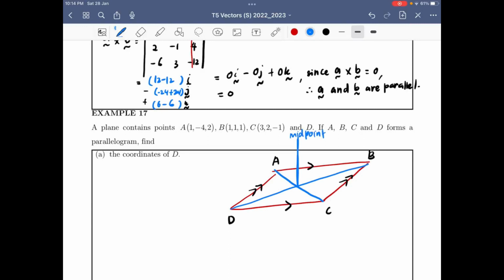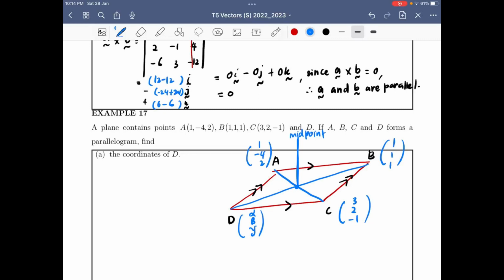So now we need to find the points for D. Okay, we have A is 1, -4, 2, and then B is 1, 1, 1, C is 3, 2, -1, and D we name it as alpha, beta, and gamma. Okay, we know they should have similar midpoint, AC and BD.